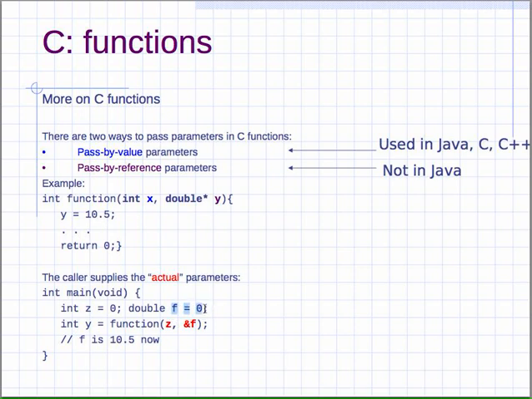And so in this situation where you have a pointer passed by value, whatever you pass in here, in this case the address of f, you can change f, and therefore when you execute these two lines of code, assuming that you have a star y here, f will now be 10.5. So try this out. Very simple function called from main.